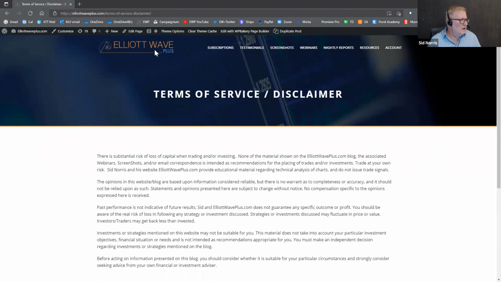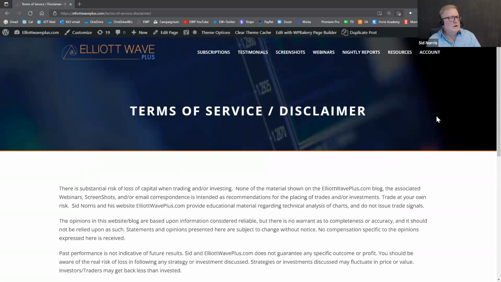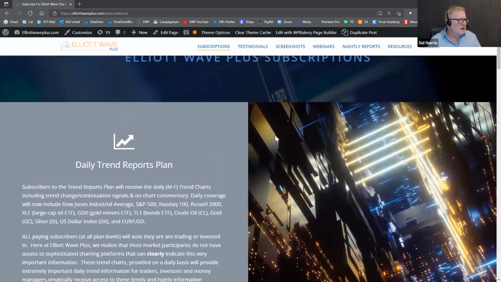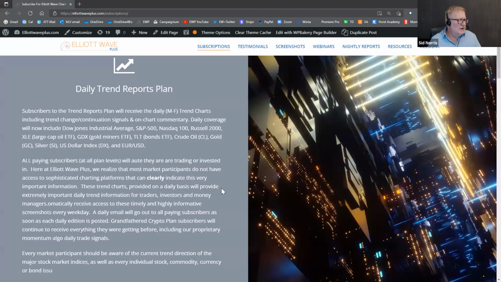While we have the website up here, I'll give you a little bit of a tour around the website before we get started looking at the Algo and the sentiment conditions screenshots you received. So just so you'll be aware, on our subscriptions, we have a daily trend plan. It's only $25 a month, and it includes trend template screenshots on a nightly basis on about 20 different items. The list is all right here.